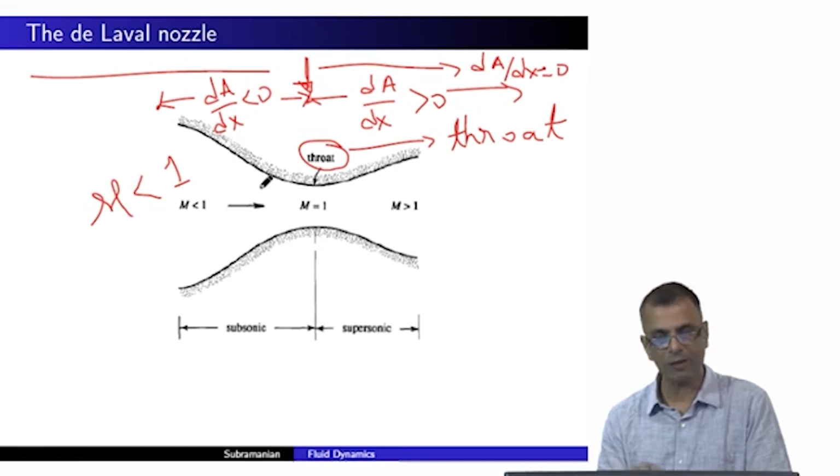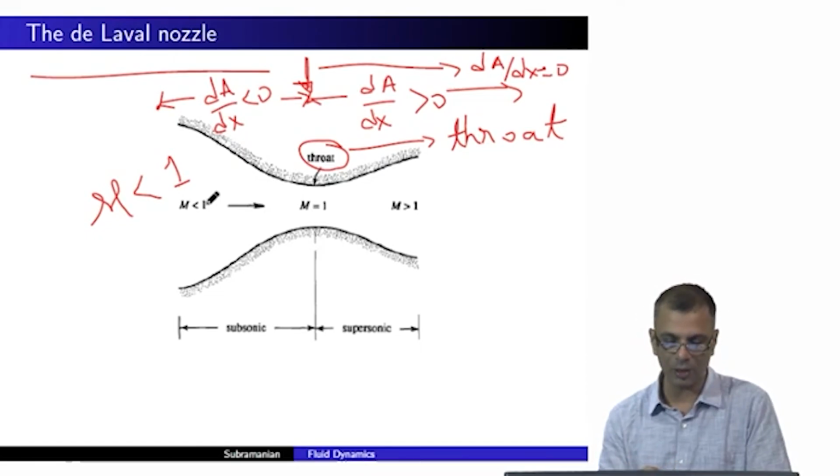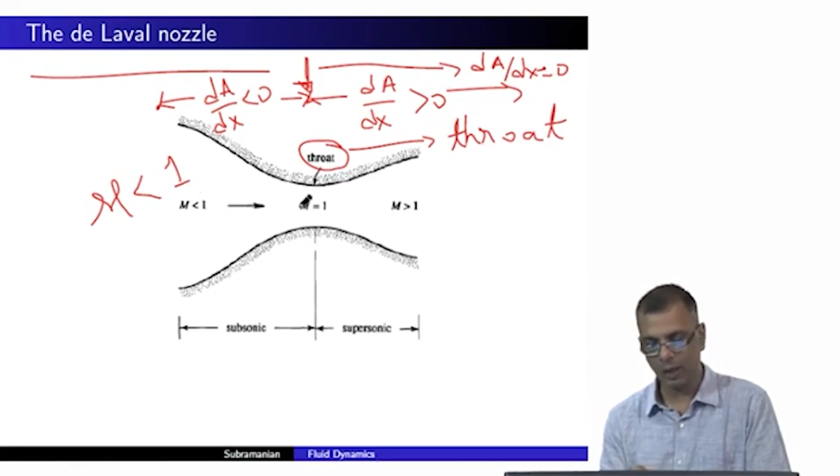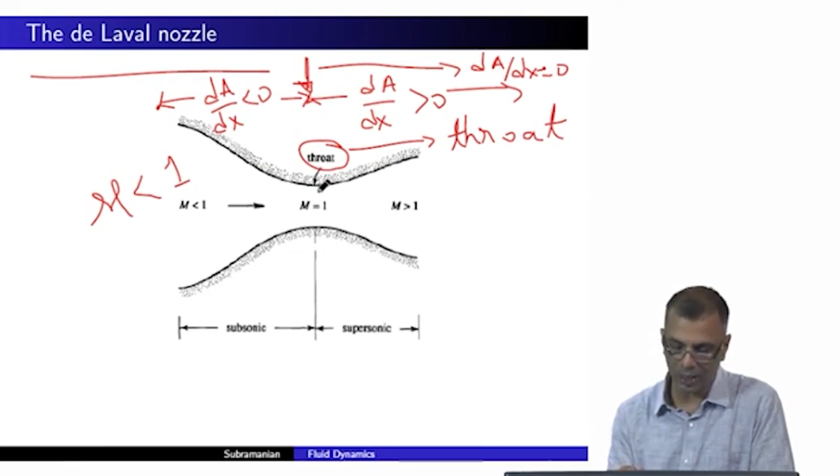So if the flow is accelerating, and the sound speed remains constant, then naturally the Mach number is increasing. It increases from less than 1, and it comes to a point where at the throat, the Mach number is exactly equal to 1.